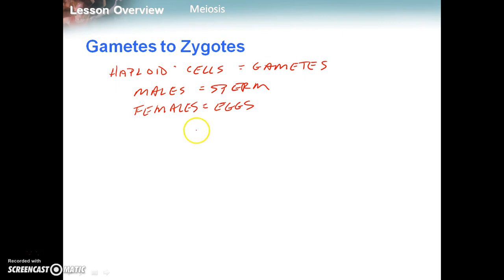When we have 2 haploid cells fused together, we have what's called fertilization. So the fusion of 2 gametes.